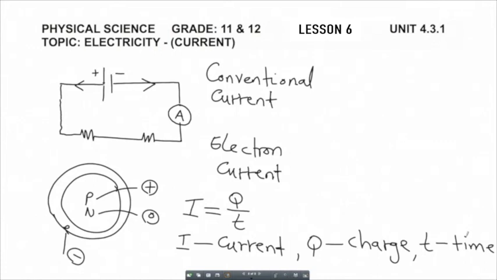Those two concepts. I spoke about the atom, where I said when one looks at an atom, of course, we have the positive and the negative, and the neutrons that form the central part of the atom, which is regarded as the nucleus. And then outside the nucleus, we have what we call the electrons. And then we also looked at the simple scenario where I gave an equation of the relationship between current, charge, and time.